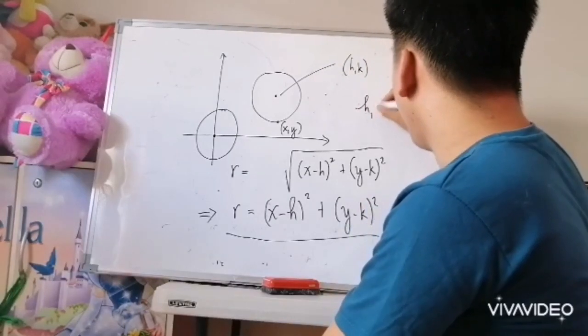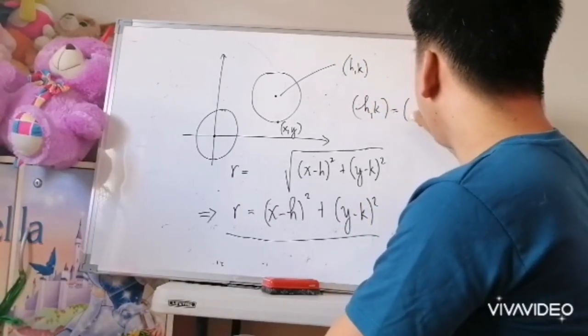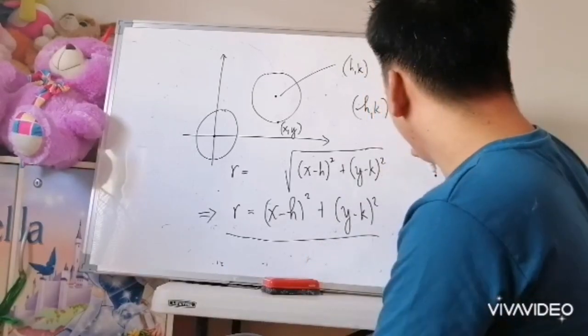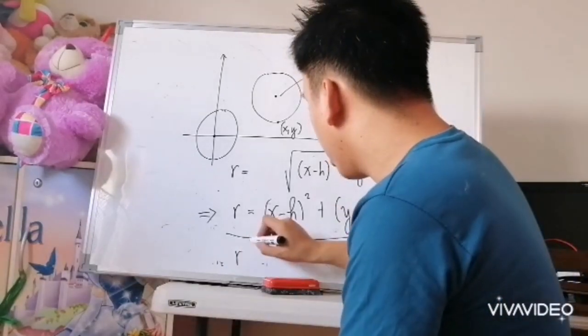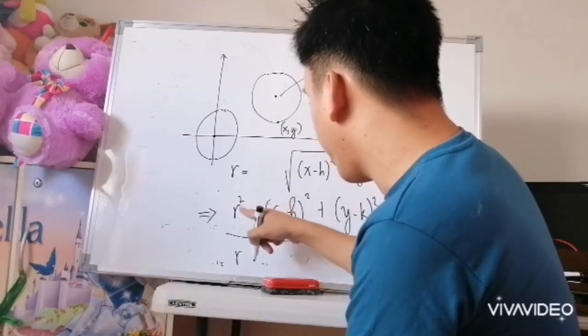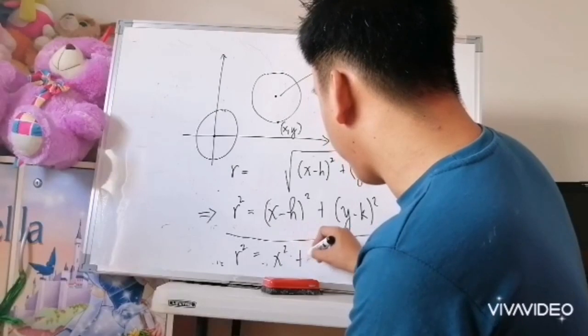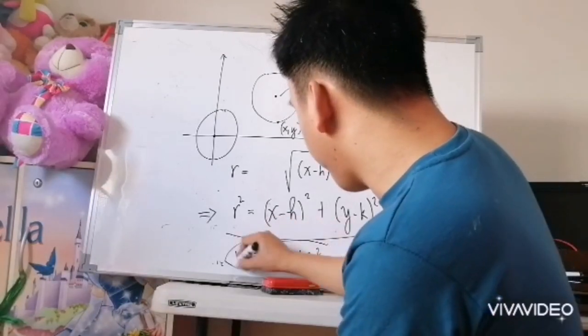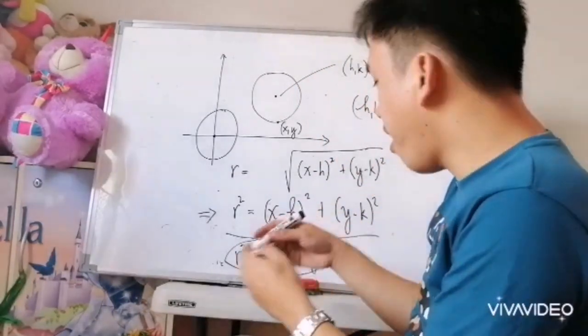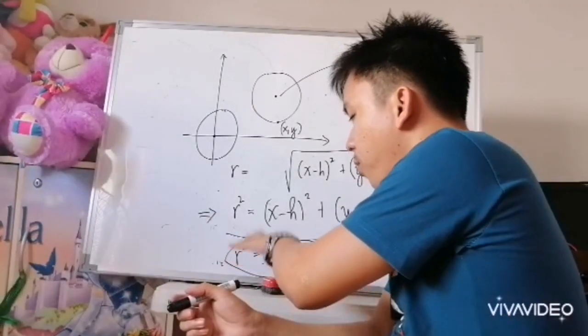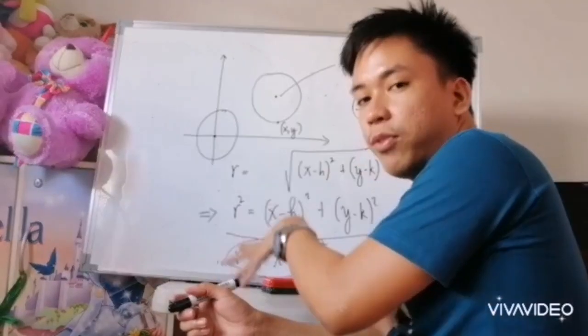Substituting h and k here, we will get, it should be r squared here, x squared plus y squared equals r squared. And this is the equation of the circle having center at (0, 0). So it just matters now what's the measure of the radius.